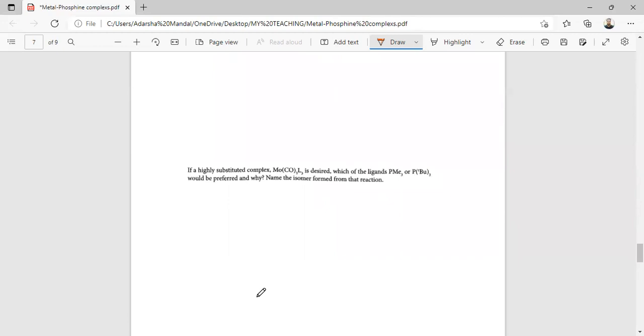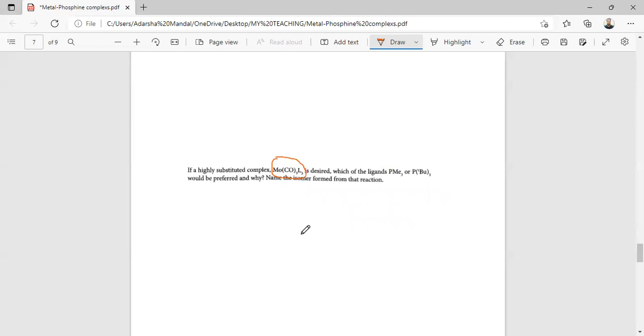So our next question is, if the highly substituted complex Mo(CO)3L3 is desired, which of the ligands, PMe3 or P(tert-butyl)3, would be preferred, and why? Also, name the isomer formed from that reaction. So the formation of this complex strongly depends on the steric bulk of this phosphine ligand.